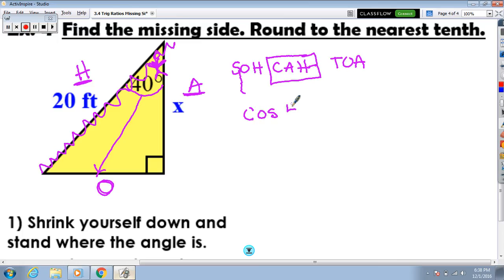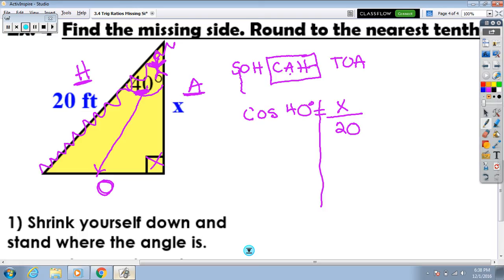cosine of 40 degrees. Remember, we always use the angle measurement that's given. We never use 90 degrees. We always use the other one. Equals adjacent, which is x, over hypotenuse, which is 20.